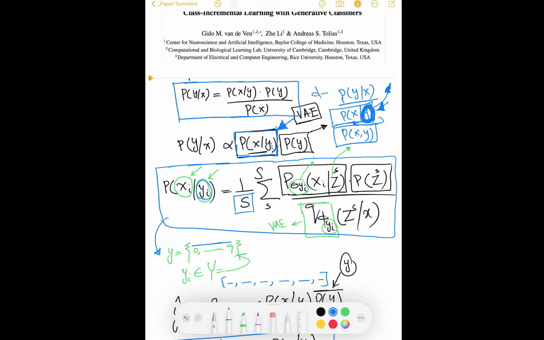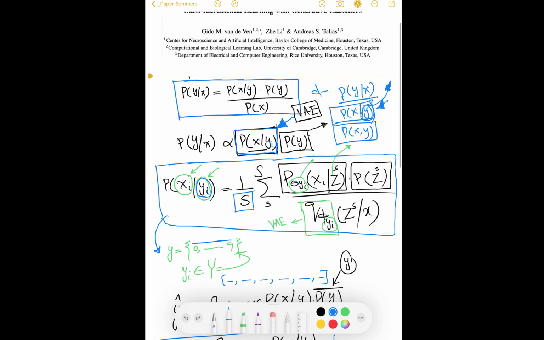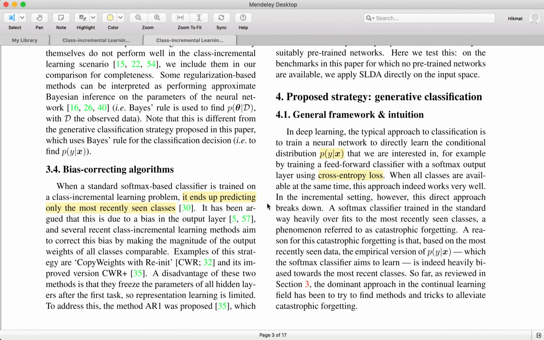In task incremental learning, remember, in task incremental learning we always need information about the task. We always need the task id. So here you can see they actually intelligently reformulate the whole problem and make it easy for their algorithm, and they obtained promising results.